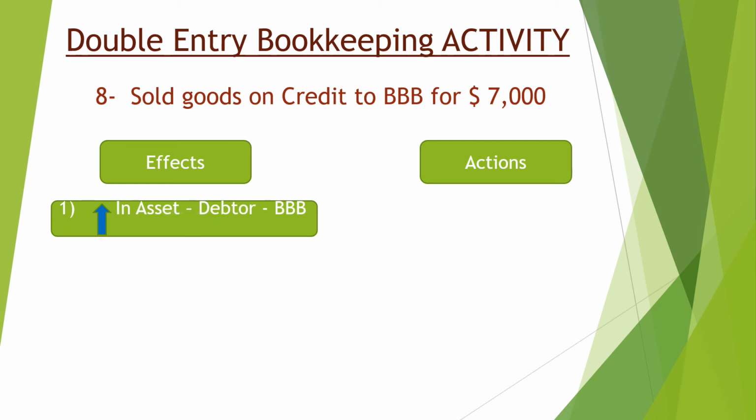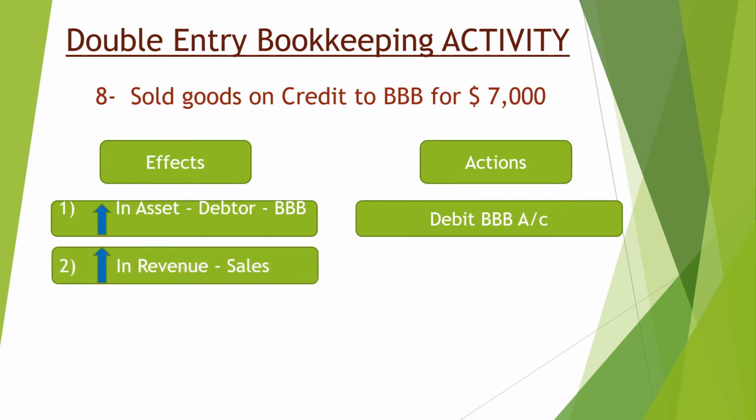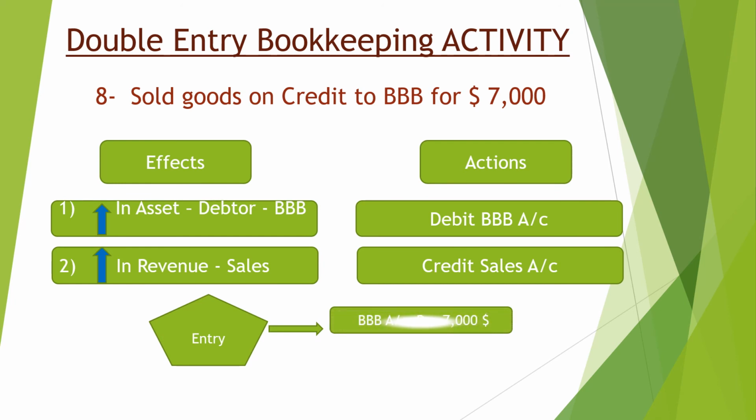Increase in asset, debtor, which is BBB. So we debit the BBB account, and increase in revenue, sales. So the sale will be credited, and the final entry would be BBB account debit 7,000 and sales account credit by 7,000.